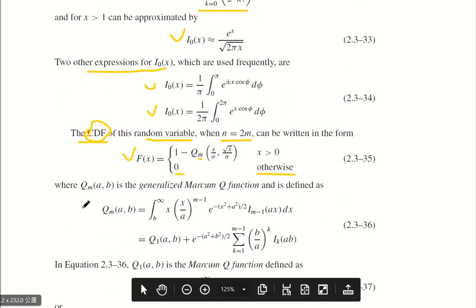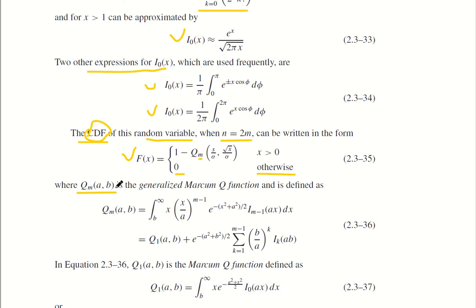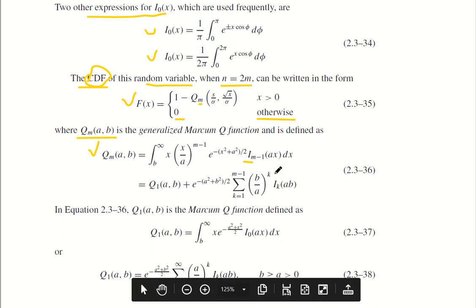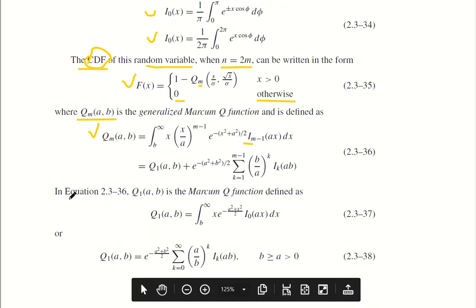Okay, and this Q sub m of a, b is a generalized Marcum Q function, and it's defined this way. The Marcum Q function Q m a b is defined as the integration of this exponent and then Bessel function. Right? This I is a Bessel function, as we did.